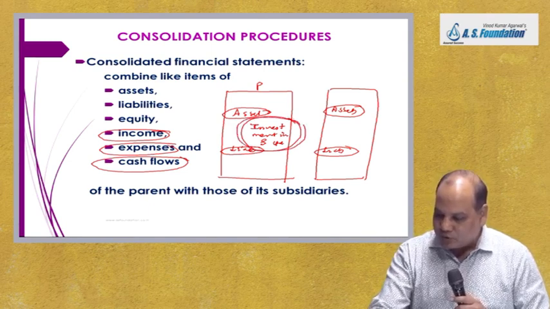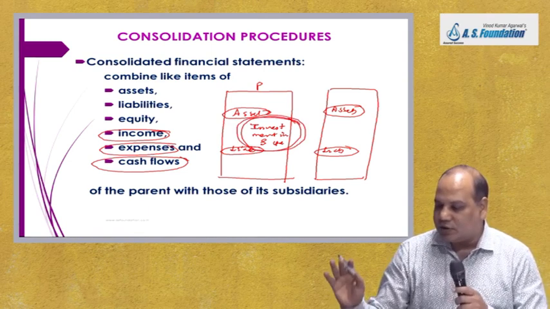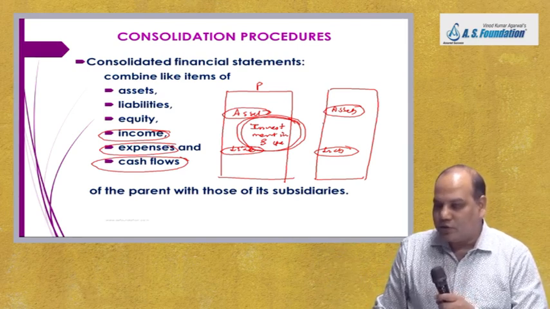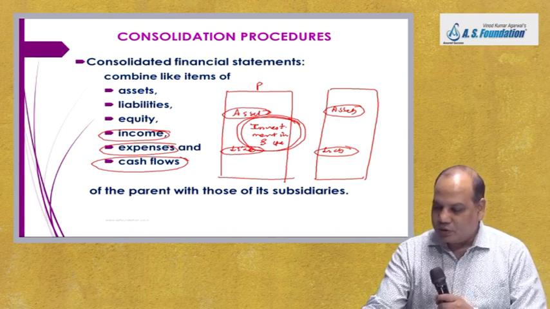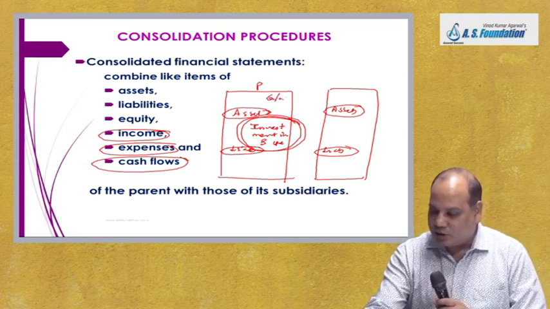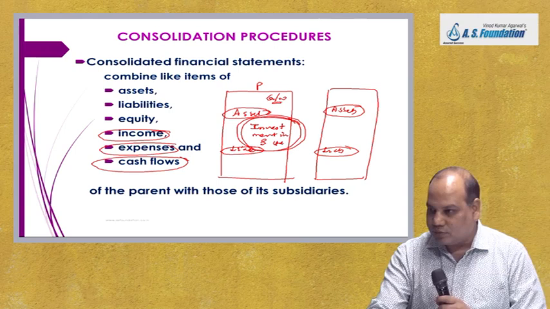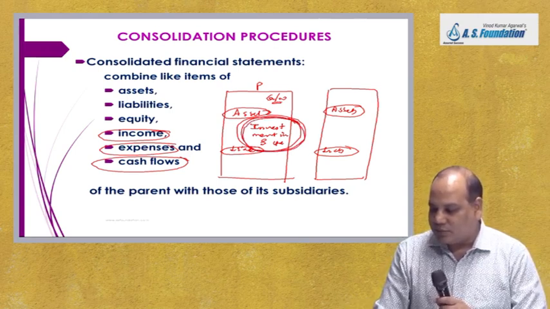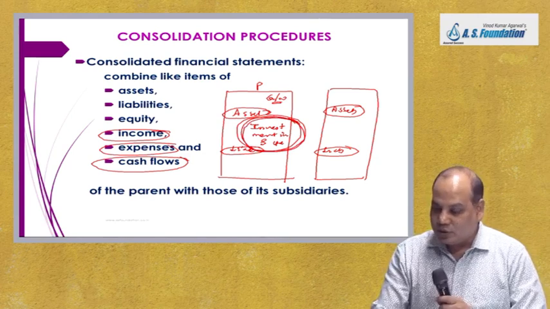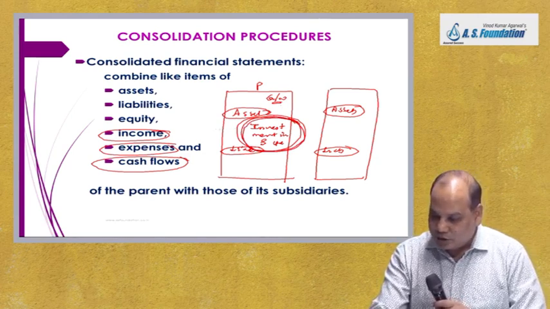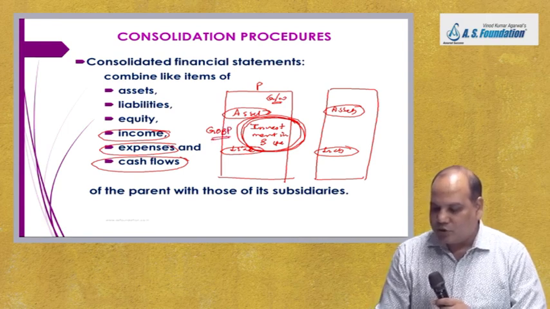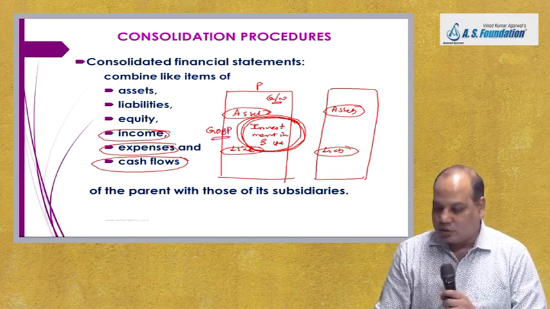In the process of consolidation, this gets cancelled against the share in net assets on the date of acquisition. So that will not come. In its place, goodwill may come, in case the calculation suggests that you had paid goodwill, or in place of that, gain on bargain purchase may come, which may be added to the profit and loss.